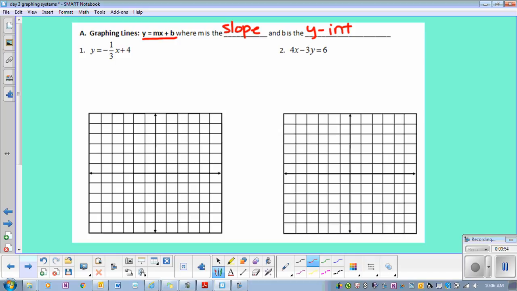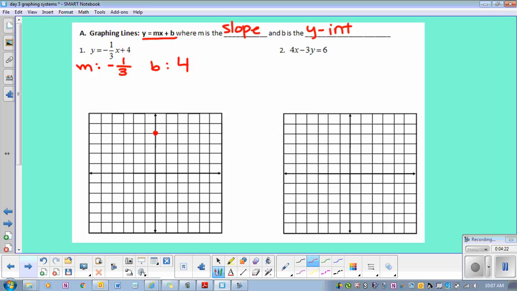If I look at number 1, it's y equals, so this is already good. What is my m? -1/3. And what is my b? 4. So 4 is where I begin, and m is how I move. That means 4 on the y-axis, right here.